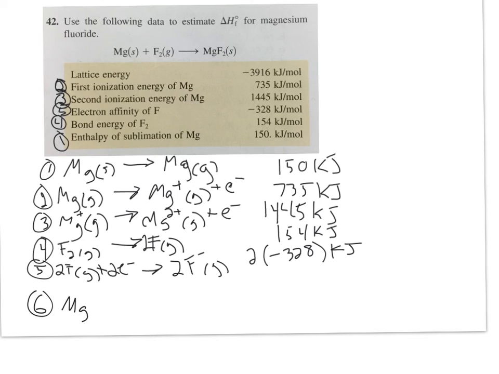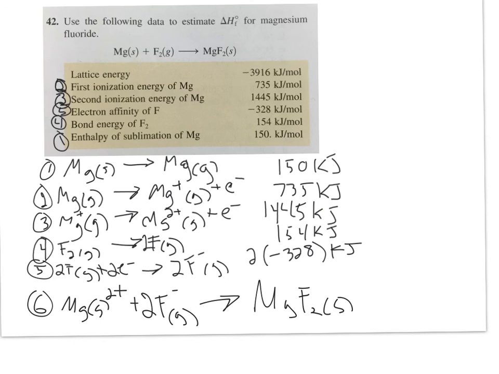We've got the magnesium plus 2 plus the 2 fluoride, and we're going to combine those to create 1 magnesium fluoride ionic compound. And when we do that, we get back the lattice energy of that compound, which would be, in reverse, how much energy we'd have to put in to break apart this compound. That amount is negative 3916 kilojoules.